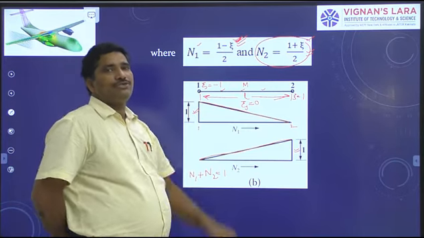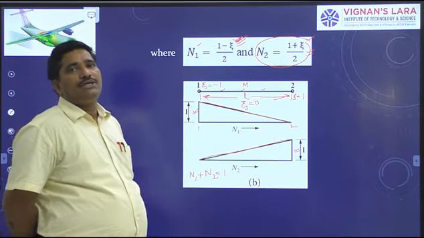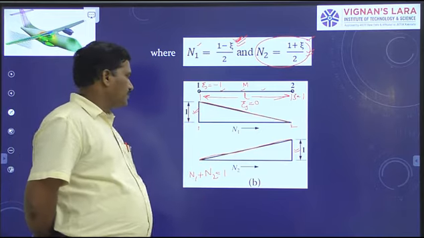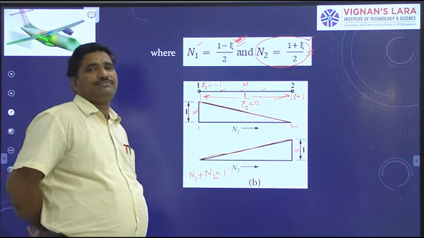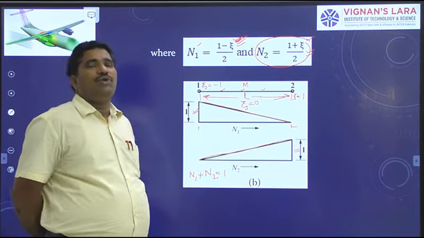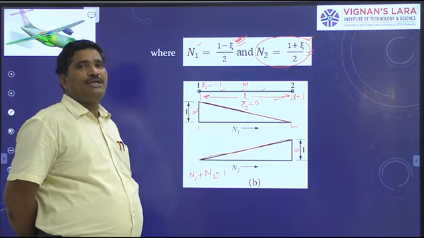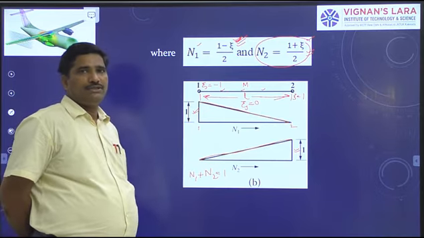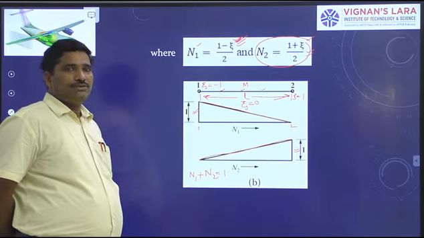And n2, how much you get? 1 by 2. If you sum up both shape functions, you get unity. n1 plus n2 equals 1. These are the shape functions for one-dimensional problems in natural coordinate j. Okay. Thank you very much.